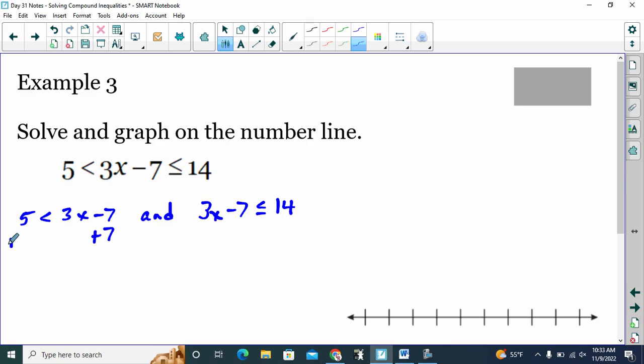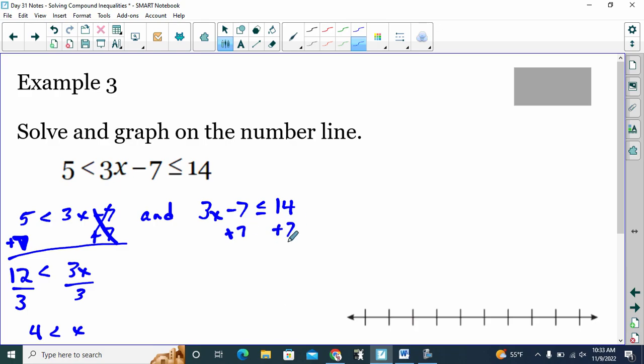We solve each individual inequality. This one, add 7. Divide by 3.